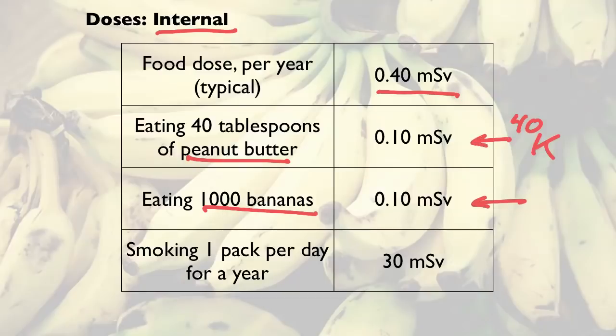Same if you ate 40 tablespoons of peanut butter. But here's the thing. Go ahead and eat bananas, go ahead and eat peanut butter, because there's potassium in every cell in your body. And eating a lot of peanut butter is not going to increase the amount of potassium measurably. So eat peanut butter, eat bananas, it's fine. You're going to get a potassium dose from it, but you're getting a potassium dose from it anyway.